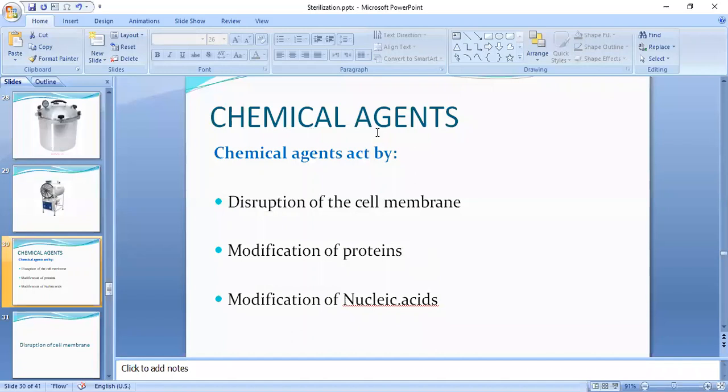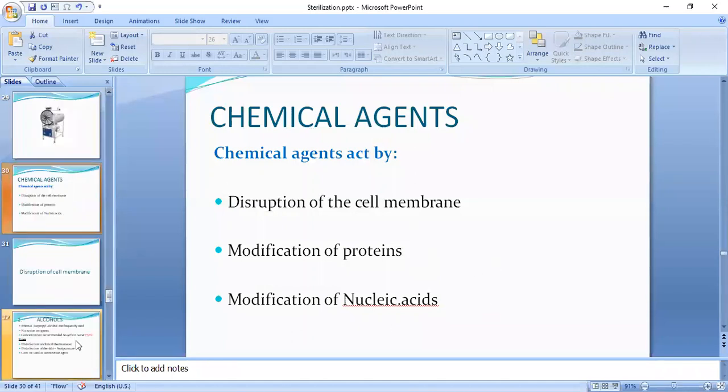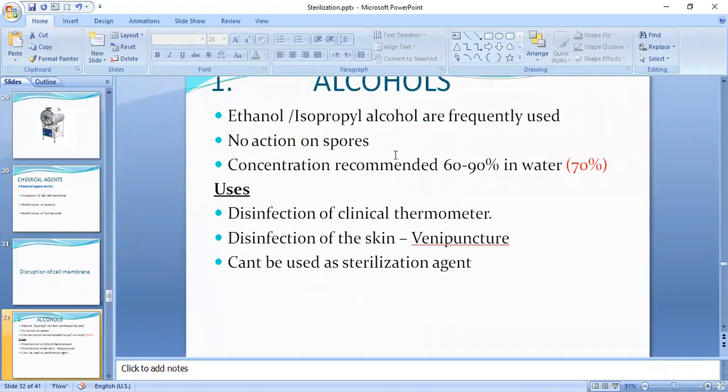So chemical agents act by these three ways, and there are different chemical agents. They are used as disinfectants or sterilization agents.